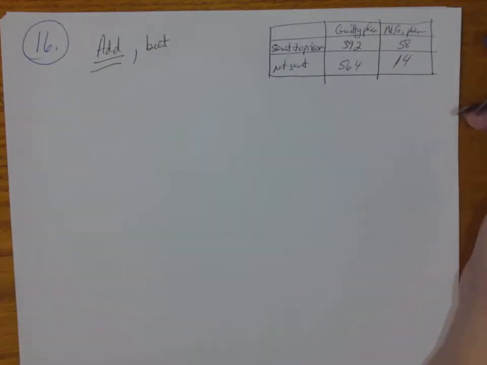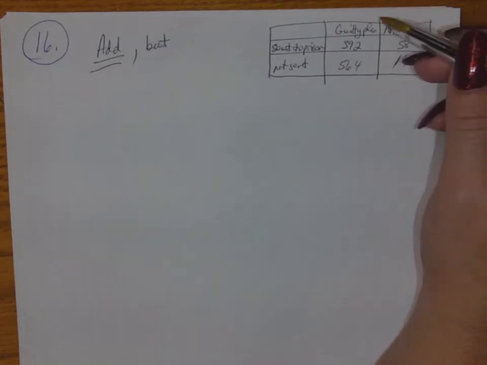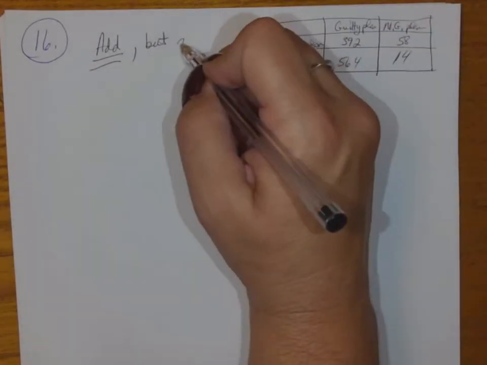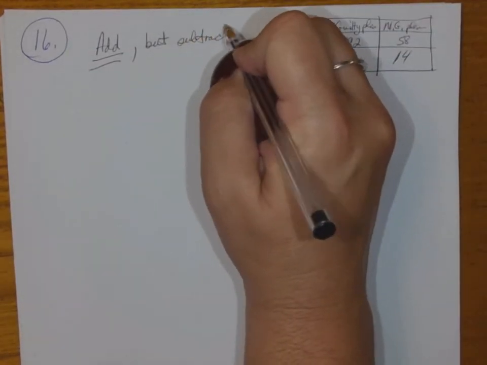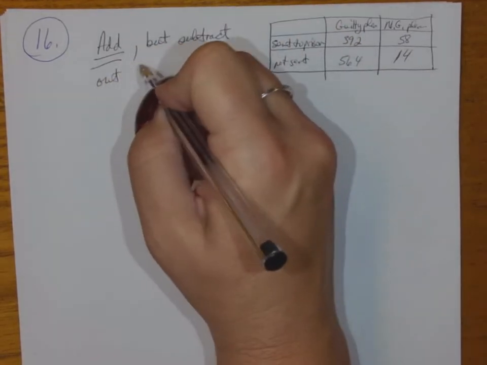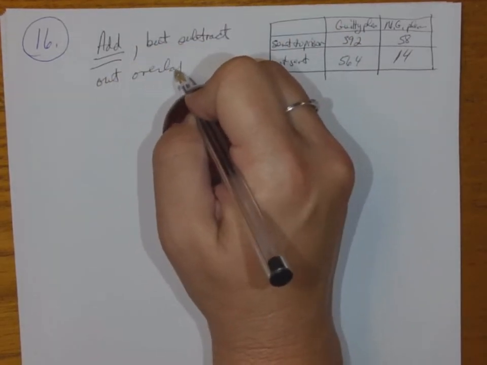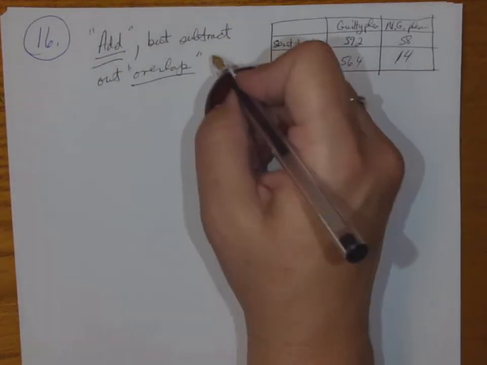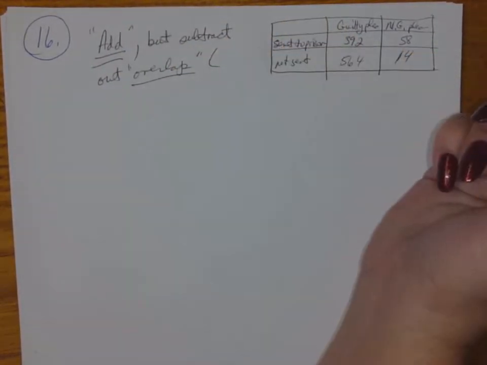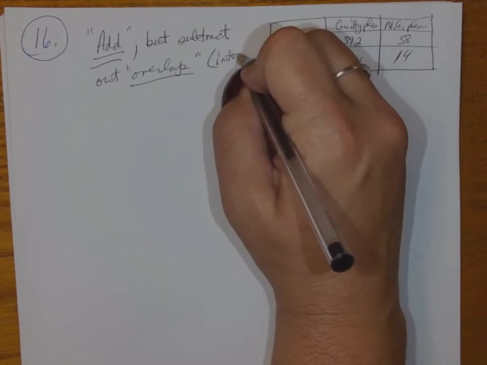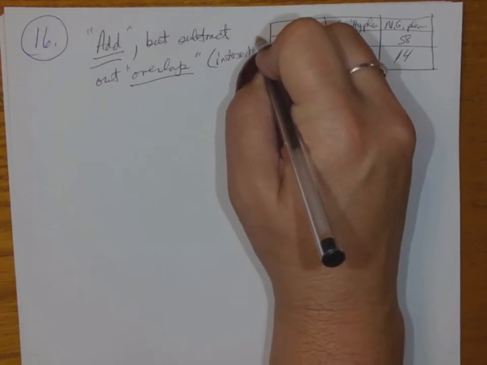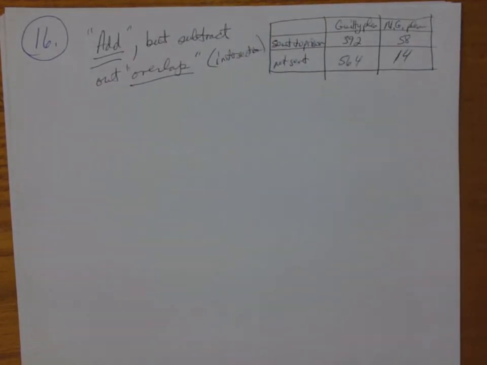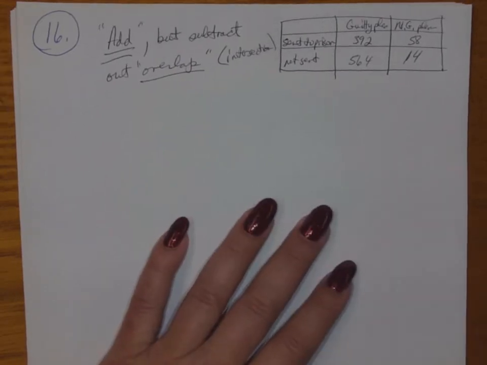But because these are combination problems, we have to subtract out the overlap. Okay, so remember that's the intersection. So this is a union problem, it's an or, so I'm going to add, but I can't double count.